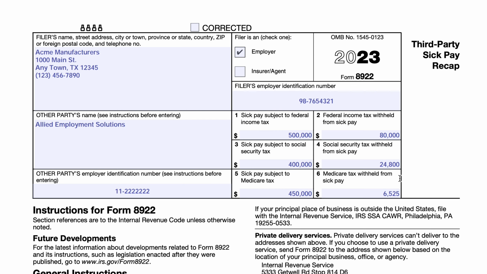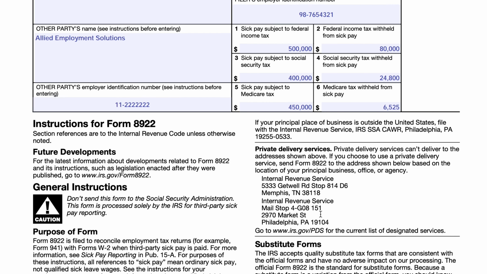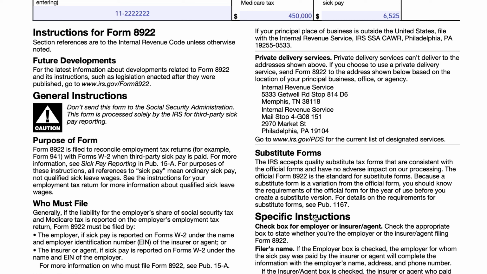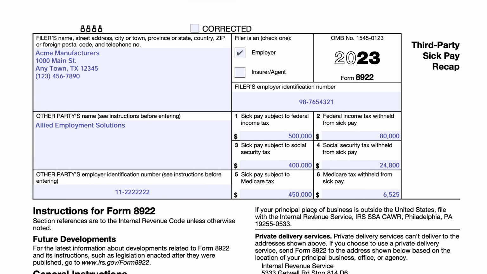So this doesn't get filed with your tax return, and the instructions specifically say don't send this to the Social Security Administration. You're supposed to file it by paper, by mail, to one of 2 IRS addresses, either the Internal Revenue Service office in Memphis or the Internal Revenue Service office in Philadelphia.